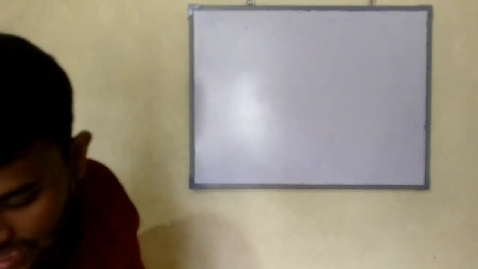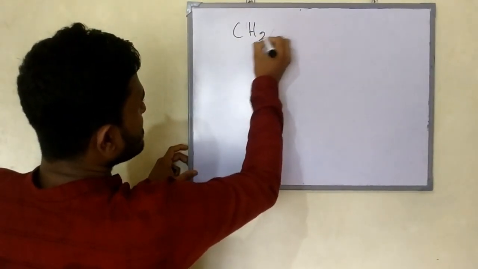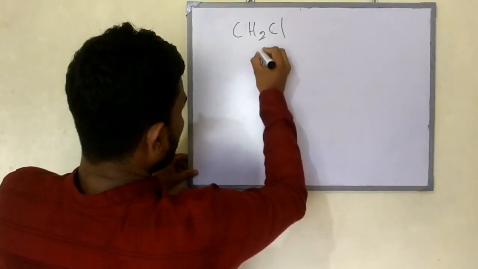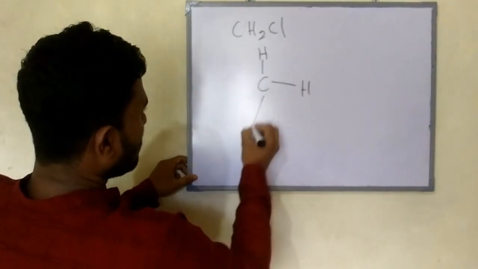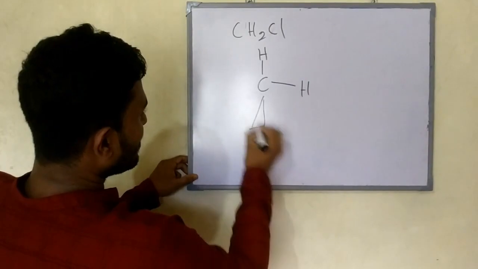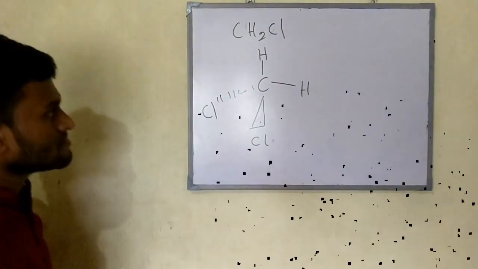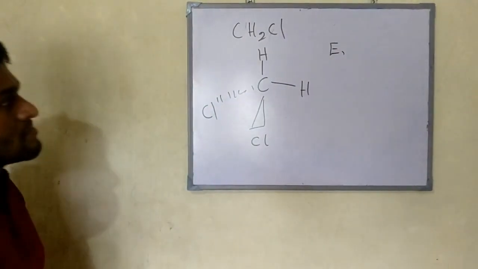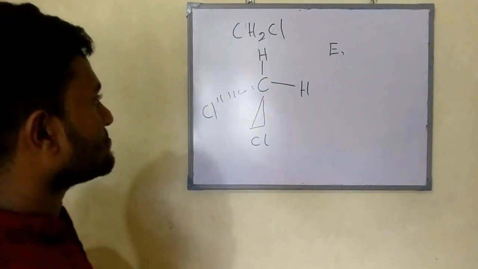So the next example will be CH2Cl2. Here you can write the molecule like this: one Cl atom coming out and the other Cl atom going inside. So what are the symmetry elements? First you want to see the rotation axis.